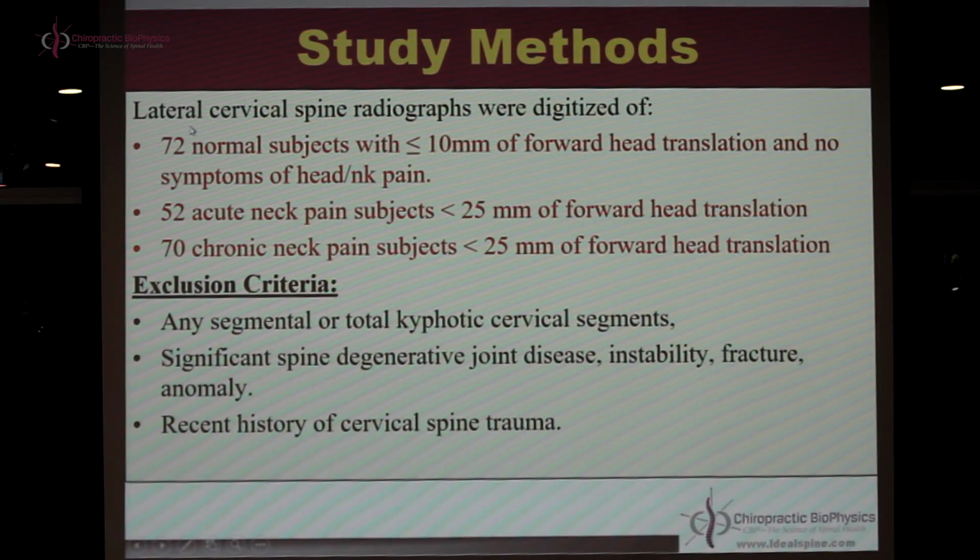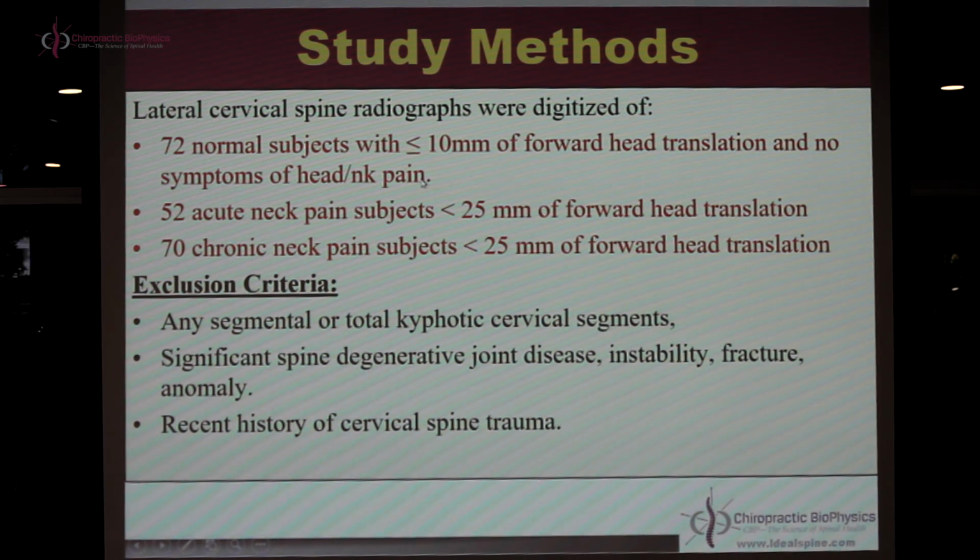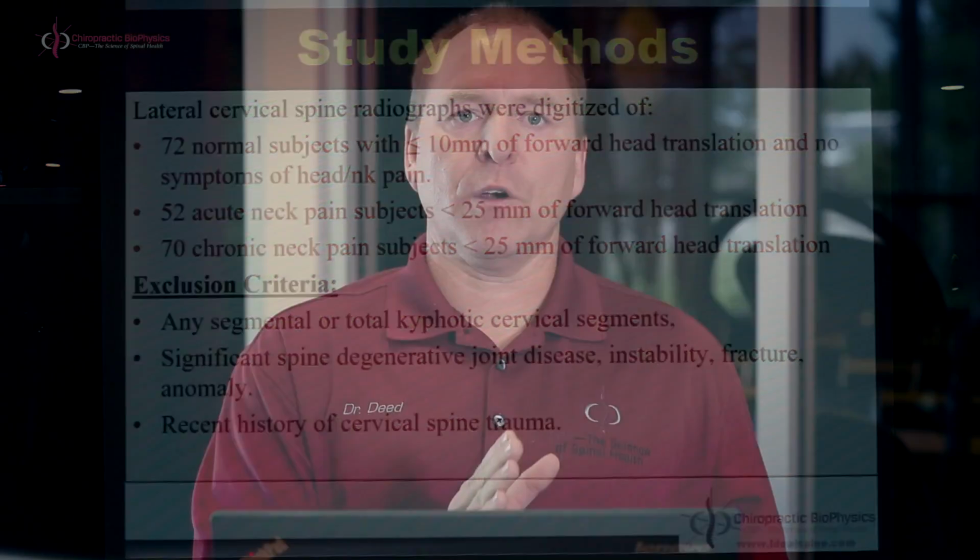Group number one was a convenient sample of normal subjects that we rigorously defined in terms of how much anterior head translation we were going to allow. One of the problems with looking at normal cervical curvature is that you can't include things that also correlate to or contribute to pain, for example, forward head translation.